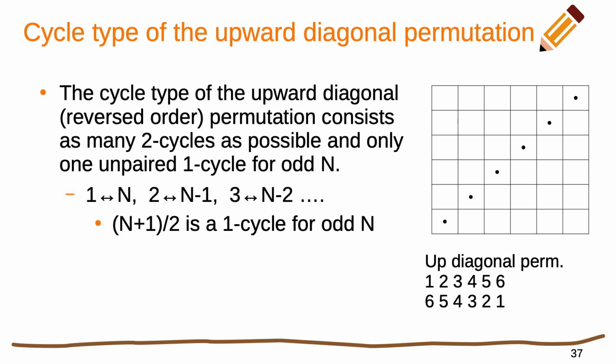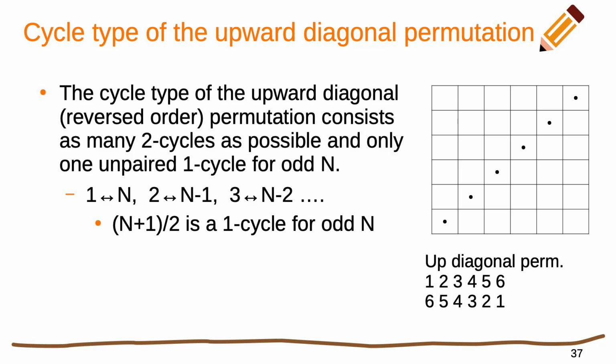Likewise, 2 and 5, and 3 and 4, form 2-cycles. In general, the upward diagonal permutation consists of as many 2-cycles as possible, and for odd n, exactly 1 unpaired 1-cycle.